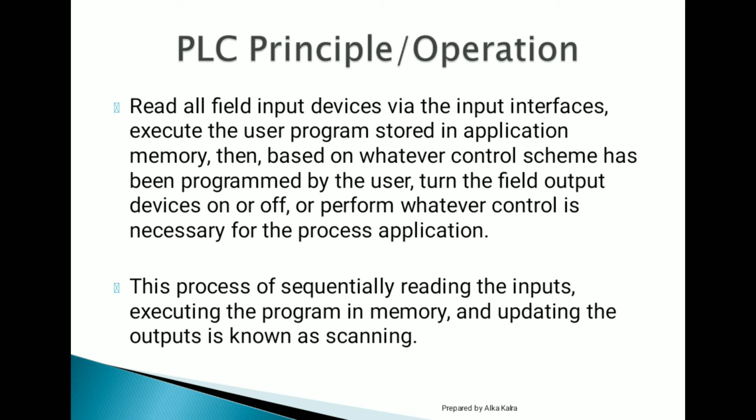I have just discussed that it will read all the input signals through the input interface, then execute the user program stored in the application memory, and then based on whatever control scheme or program any user has written, it will turn the field output devices on or off.